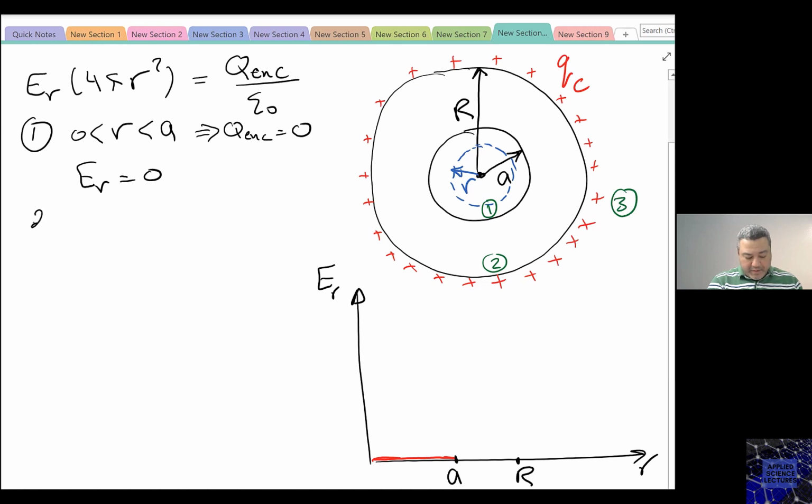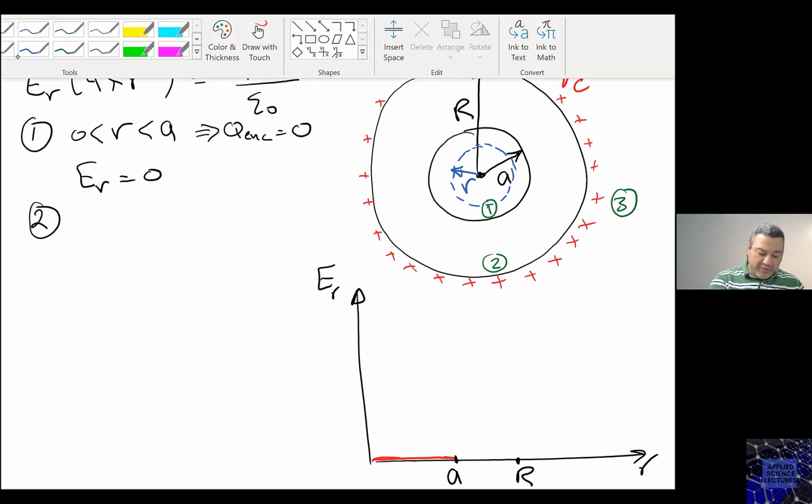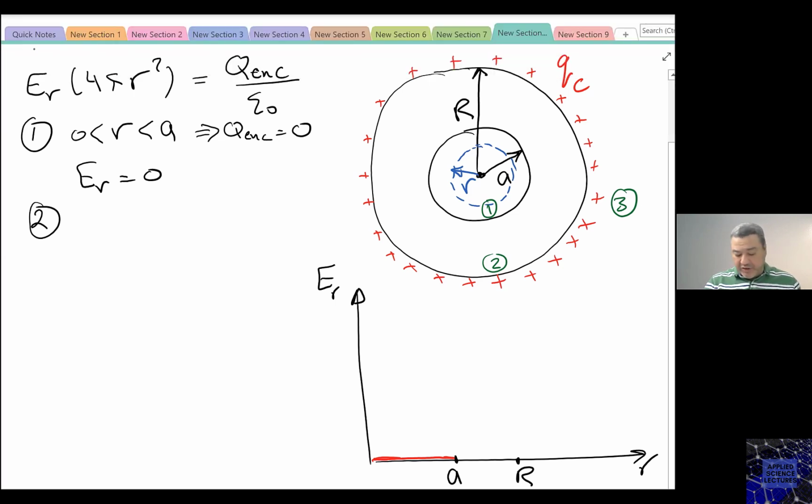Now we will do region number two. For region number two, we'll draw the second Gaussian surface. It will also be a spherical surface and has the radius of small letter r.